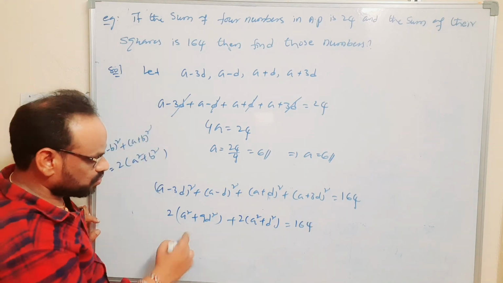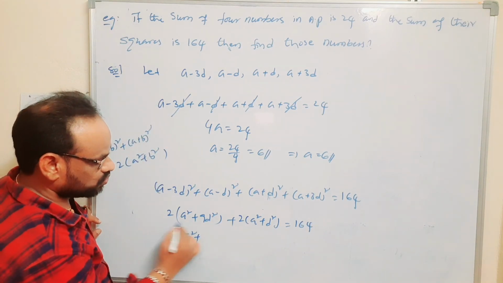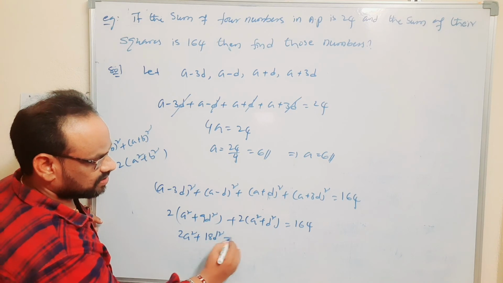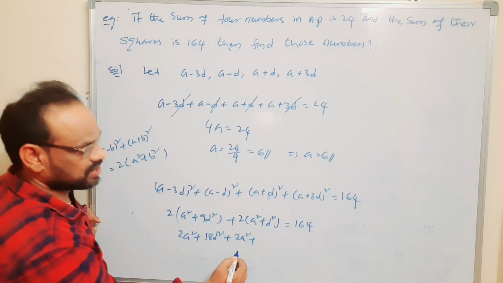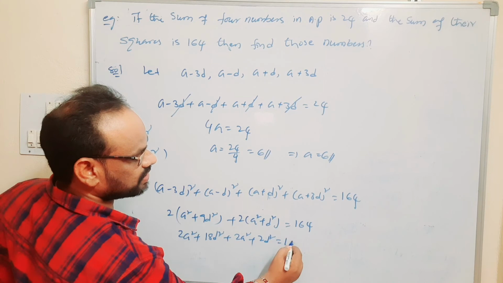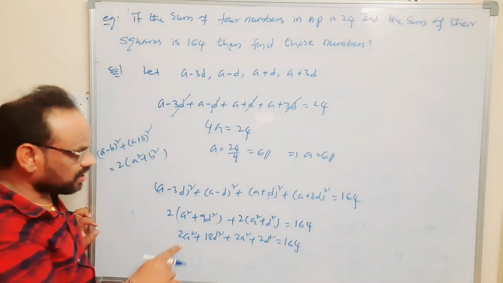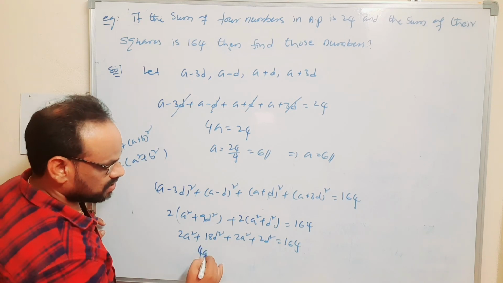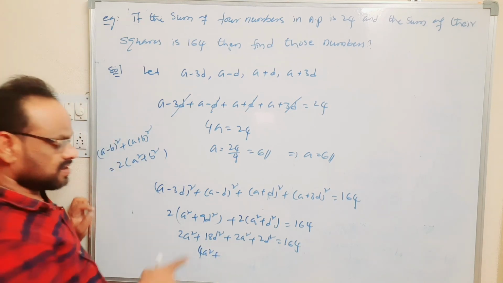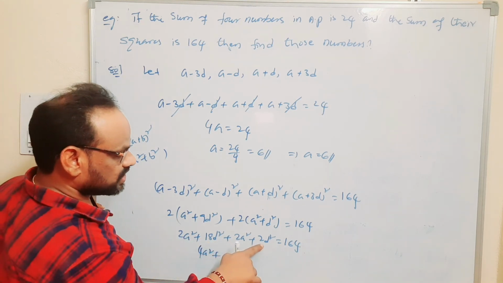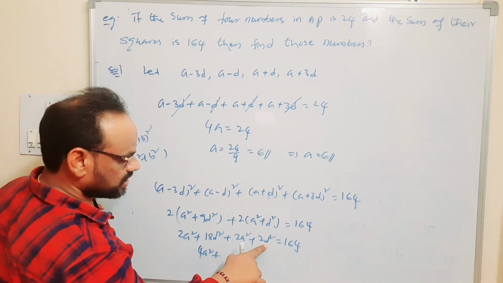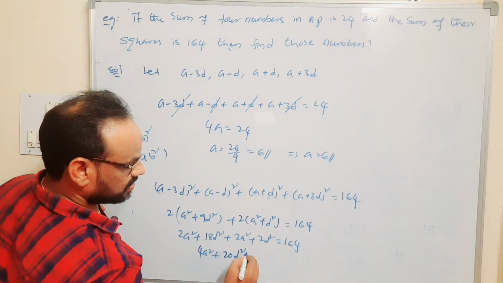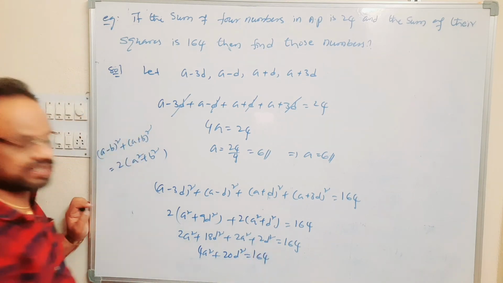If you multiply by 2 here, 2a square plus 2 nines are 18d square, plus again 2a square plus 2d square, is equal to 164. 2a square plus 2a square is 4a square, plus 18d square plus 2d square. 18d square plus 2d square is 20d square, equal to 164.